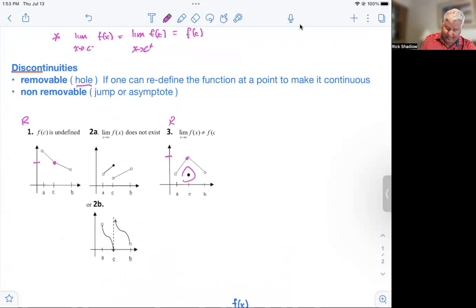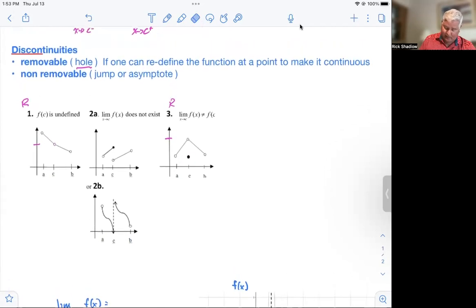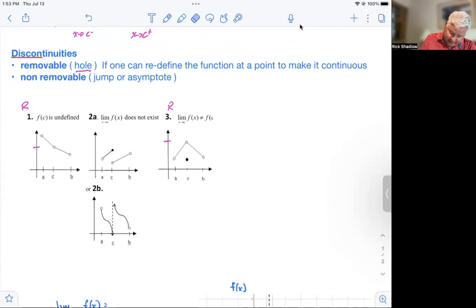So if I can do that, then it's a removable discontinuity. And if I do that, it's typically done in a piecewise function. You'd see that maybe come up. So let me erase those a little bit, because I don't want to consider that as necessarily always the case. In 2A, I have a jump discontinuity.